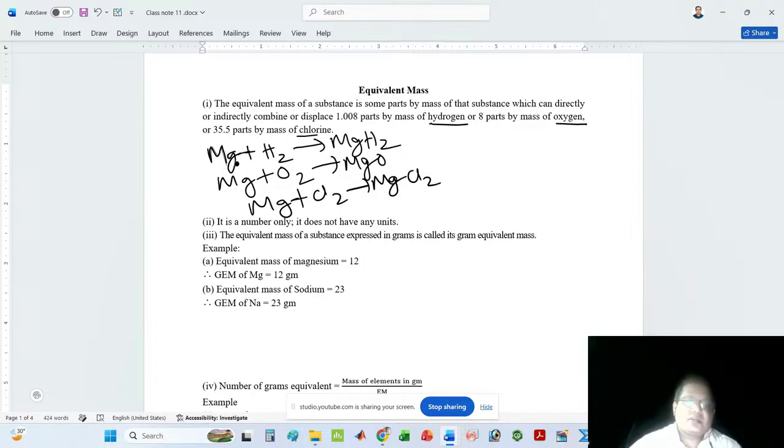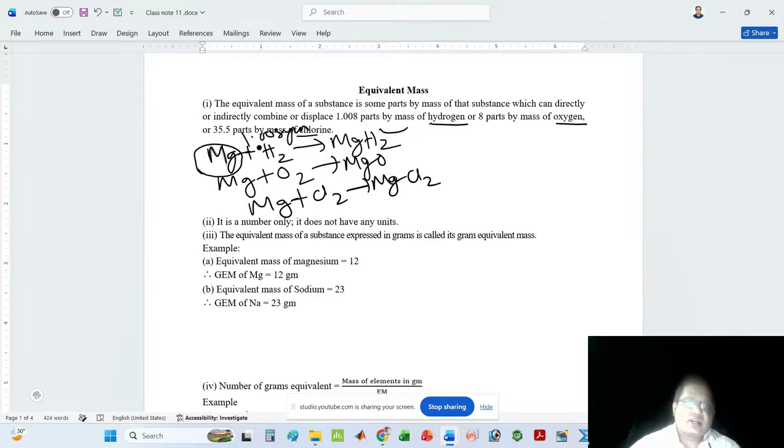When magnesium reacts with hydrogen, it gives magnesium hydride. The question is, what amount of magnesium is used to react with 1.008 gram of hydrogen? That amount of magnesium is considered the equivalent mass of magnesium.